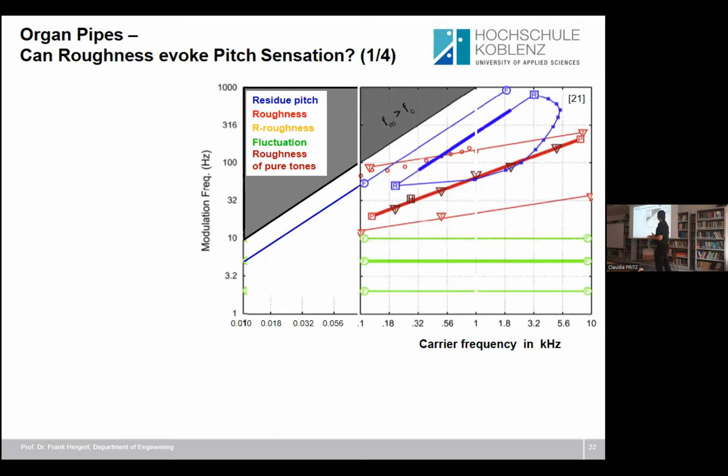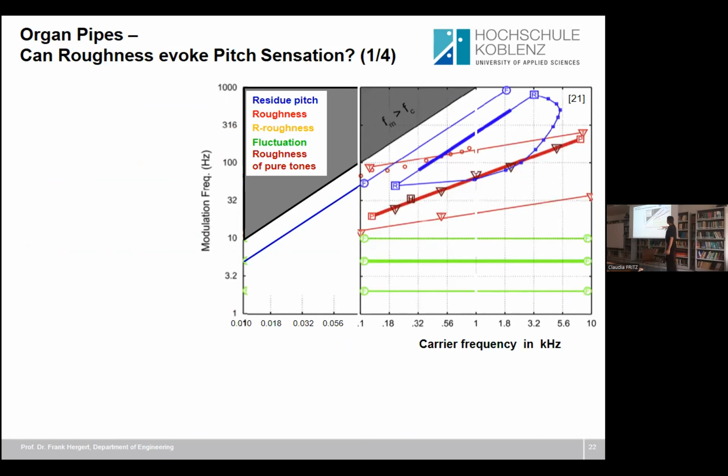First, a very confusing diagram. On the horizontal axis, we have a carrier frequency. Let's fix it to 1 kilohertz, a typical test tone. If we have a modulation frequency of, let's say, 4 hertz, we know this gives a fluctuation strength. All the green area is fluctuation.